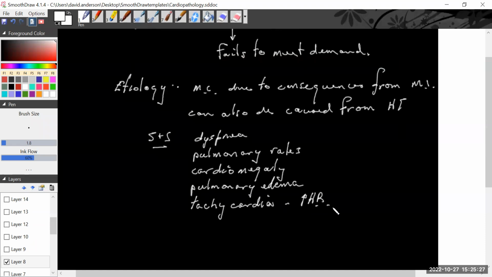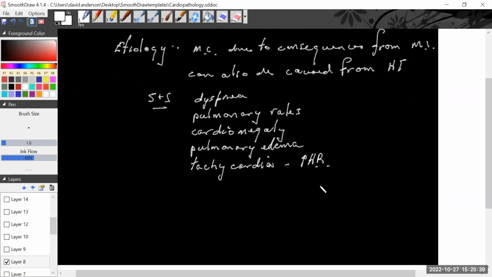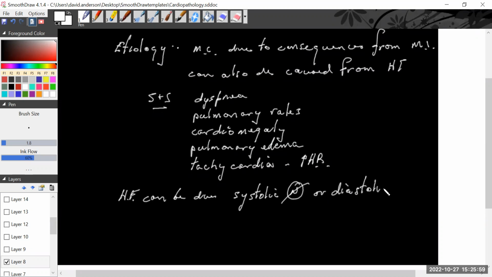And we can describe heart failure as either a problem with systole, which was the contractile phase, or diastole. So we can have a systolic or a diastolic dysfunction. Heart failure can be due to systolic abnormality or diastolic abnormality.